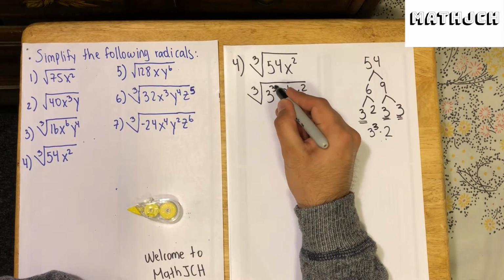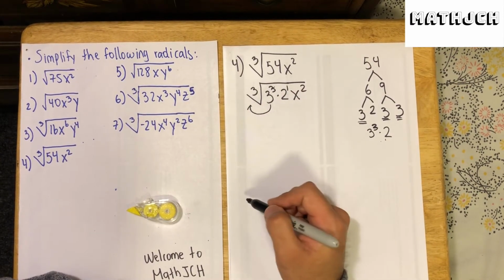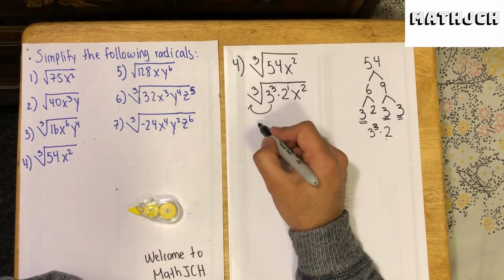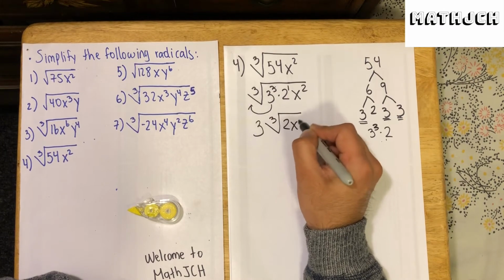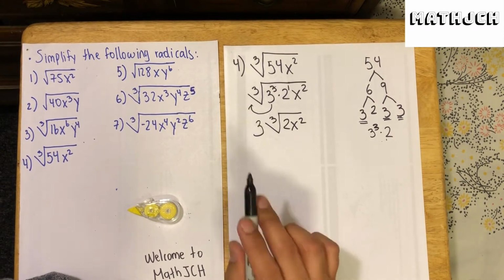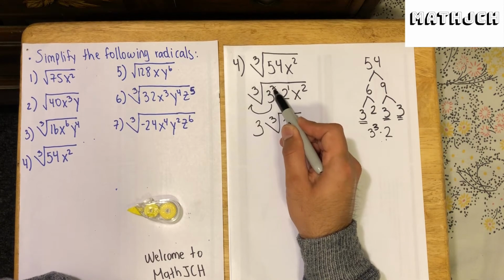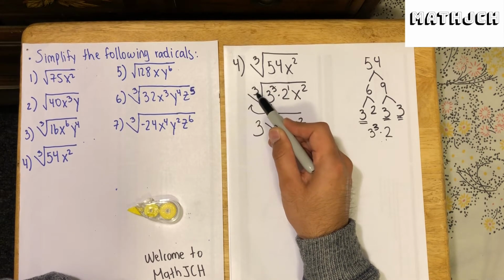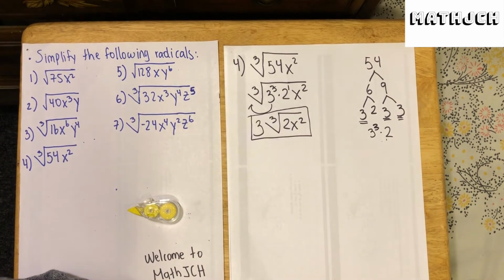So this actually is going to cancel with this one. So this 3 will go outside the root. And that's the only thing that will go out. The rest of it is going to stay inside. And remember, the 3 will go out without the power of 3 anymore, because this power 3 cancels with this one. Okay, so that will be our final solution.